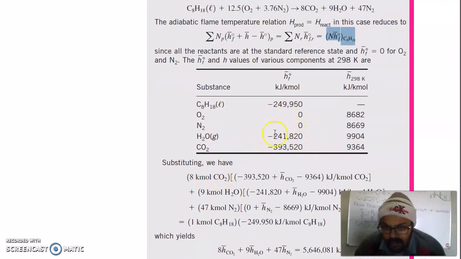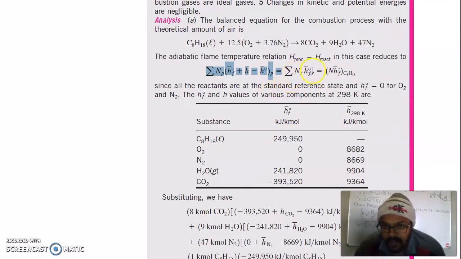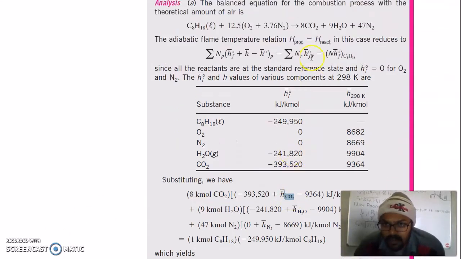Now substitute all these values into this equation, which is your product, and equate it to this. After equating, we see there are three unknowns: the enthalpy of CO2 at the outlet, the enthalpy of water at the outlet temperature, and the enthalpy of nitrogen at the outlet temperature.